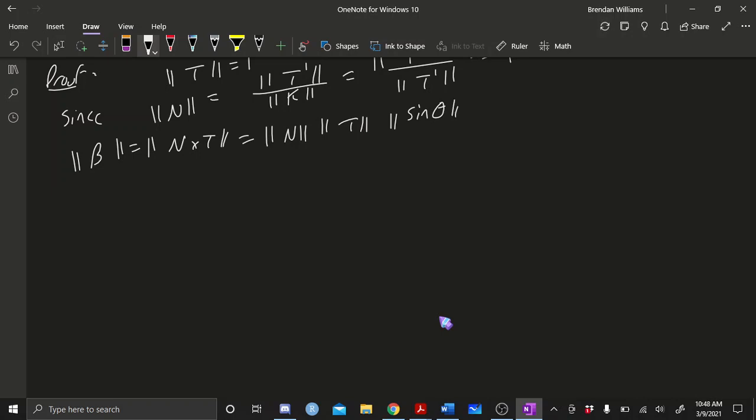Well, the norm of N is 1, the norm of T is also 1, which we just showed, and the angle between them is pi over 2, and sine pi over 2 is also 1. So we just got 1, which is what we wanted.